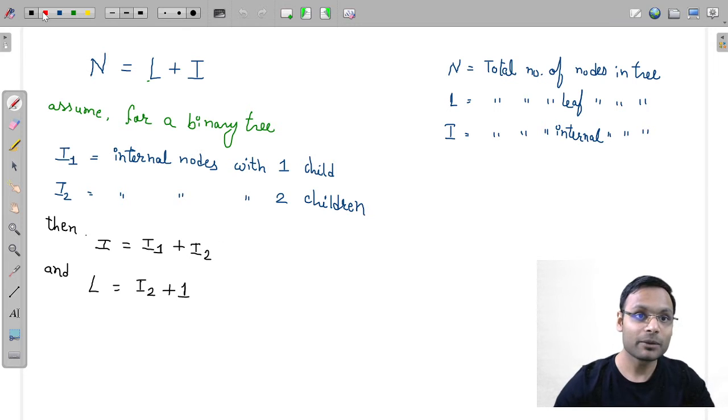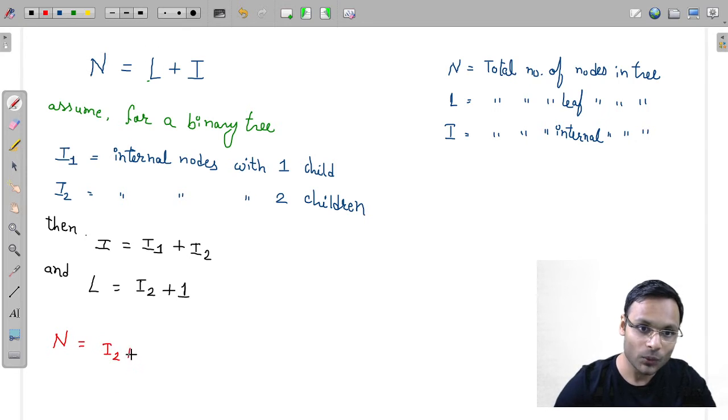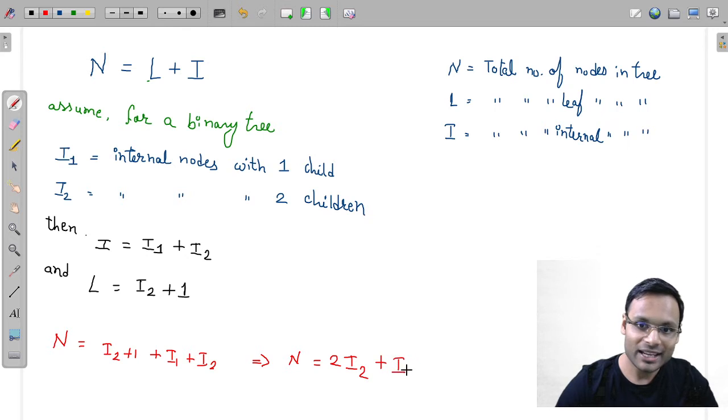So in that case, I can write capital N is equal to L, which is I2 plus 1, plus I, which is I1 plus I2. I get a different formula for the number of nodes, which is 2 times the number of internal nodes with 2 children plus I1 plus 1.